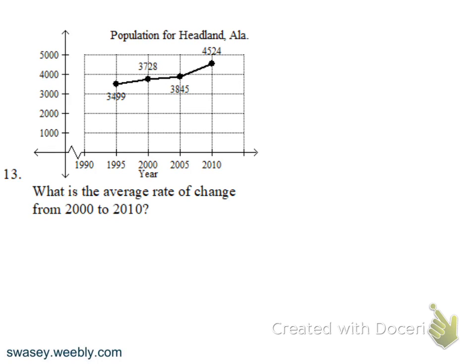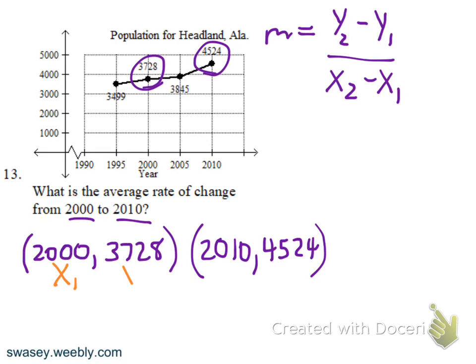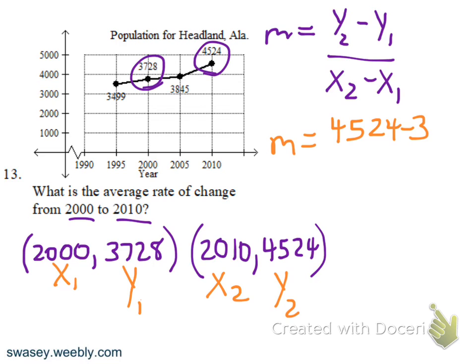Average rate of change here, we're looking at this point and this one because it says 2000 to 2010. So we'll name those points and use our slope formula. So we'll label our points x sub 1, y sub 1, x sub 2, y sub 2. Substituting into the slope formula, we have 4,524 minus 3,728, and then on the bottom, 2010 minus 2000.